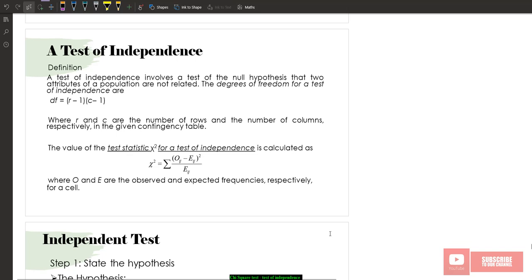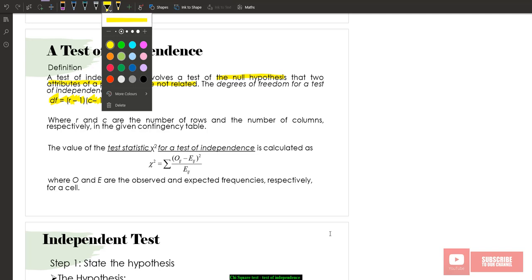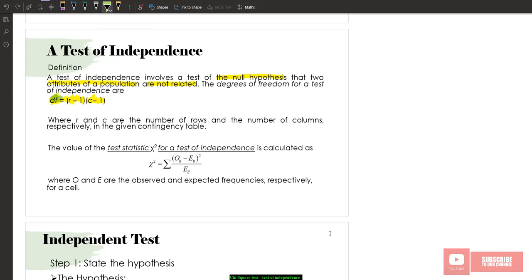Now, let's look at the definition of the test of independence. The test of independence involves a test of the null hypothesis that two attributes of the population are not related. The degrees of freedom for a test of independence are the number of rows minus 1 multiplied by the number of columns minus 1. This is how we calculate the degrees of freedom for a contingency table.